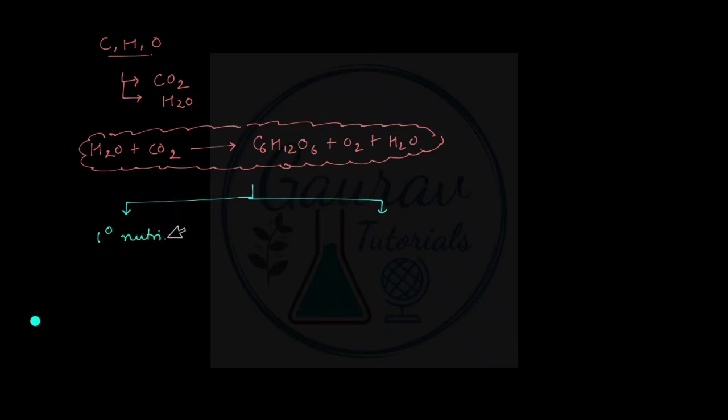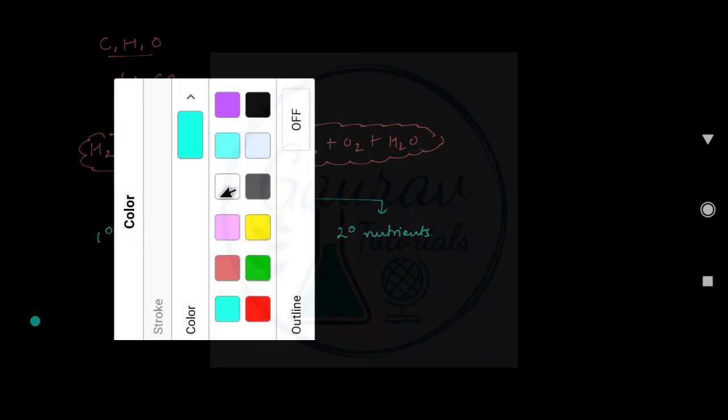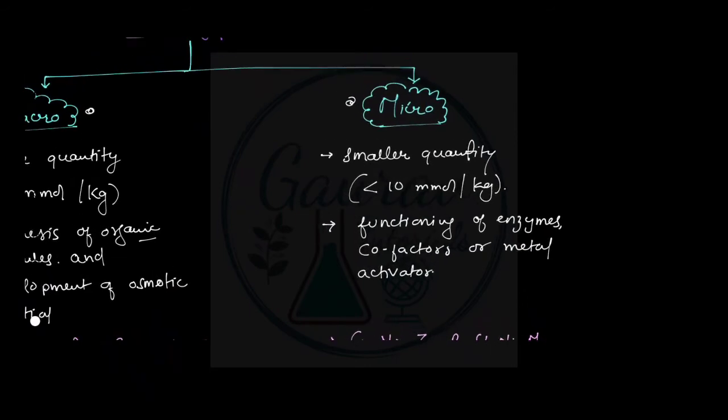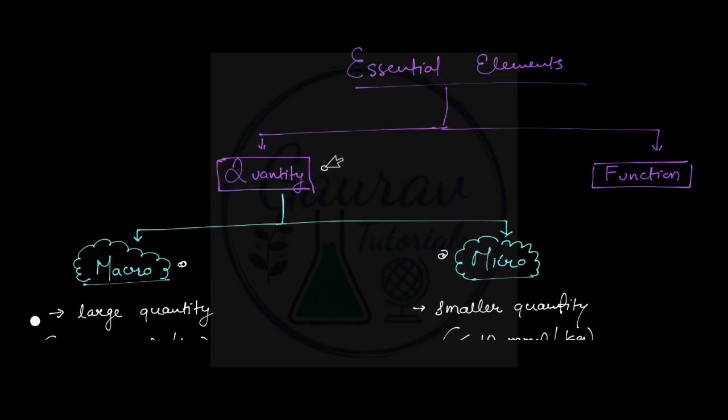Examples of primary nutrients are NPK, whereas examples for secondary nutrients could be calcium, magnesium and sulfur. So this was the classification of essential elements on the basis of quantity. It was macro and micro.